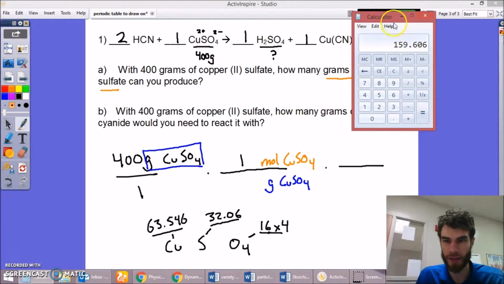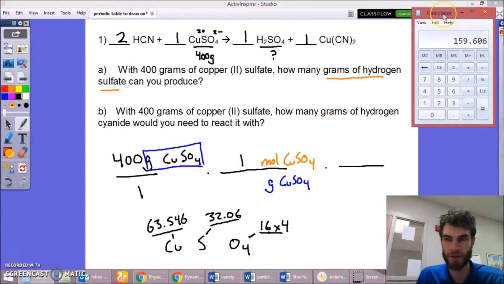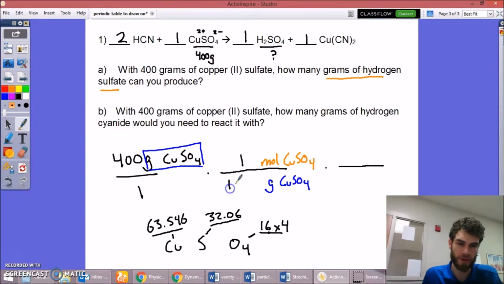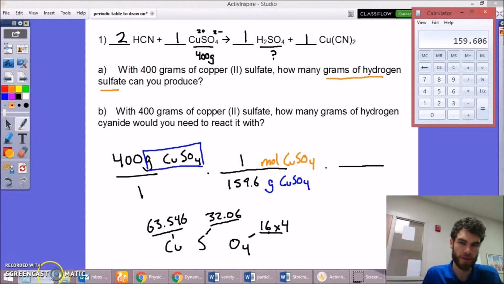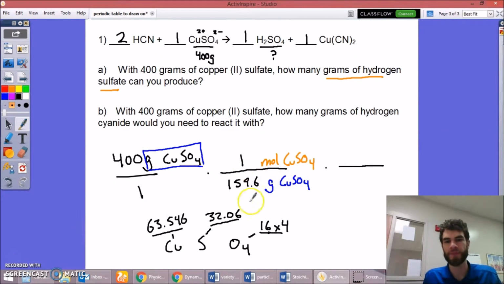The total we get is this number right here. 159.6 is what I'm going to round that off to. So we're going to put down here for the total mass, 159.6. Alright. So we added up everything together in the compound. We got the total weight for 1 mole of it. Okay. Now we have converted grams of copper sulfate into moles of copper sulfate.